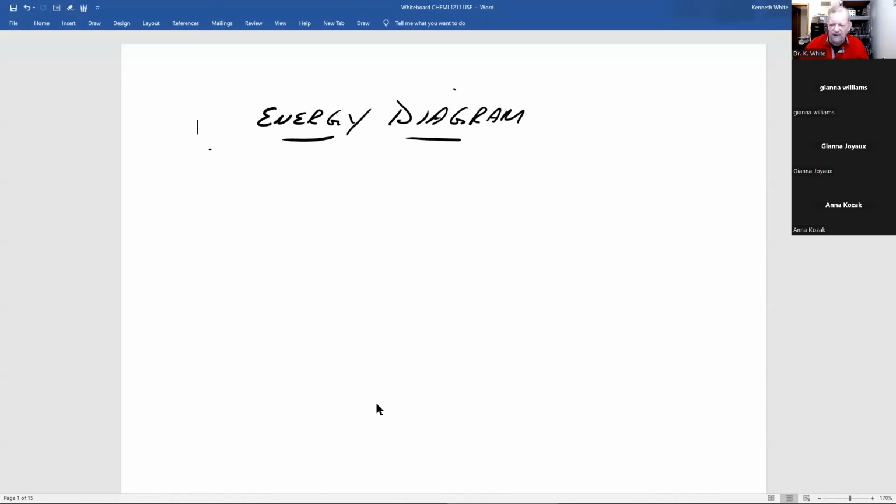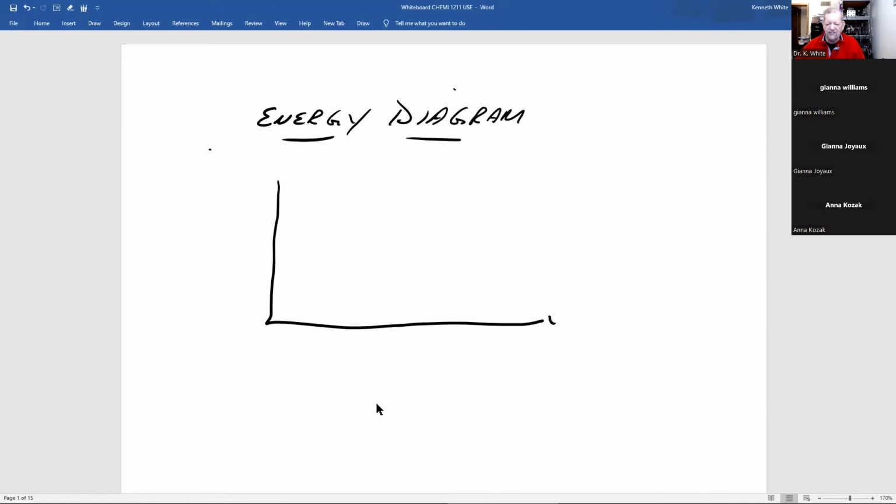Everybody see my whiteboard now? Thank you, Gianna W. All right, now, an energy diagram is a way of showing in a diagram, a graph, a reaction and its energy.